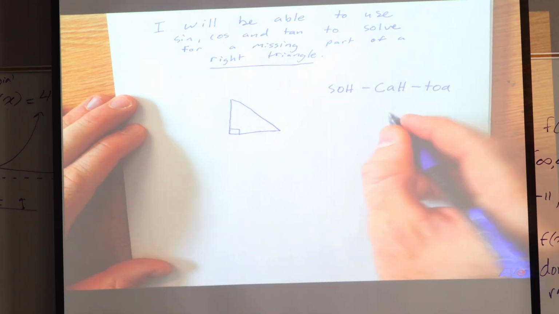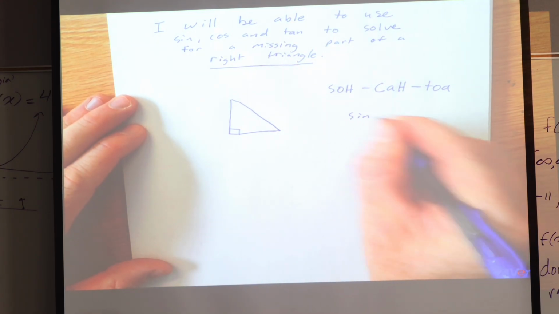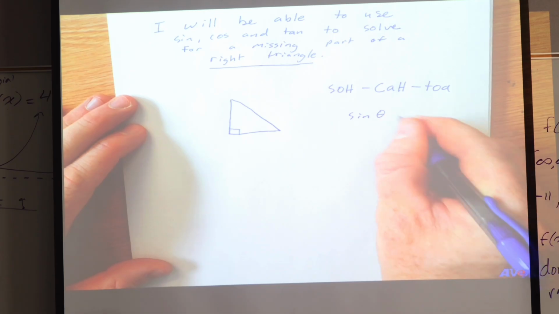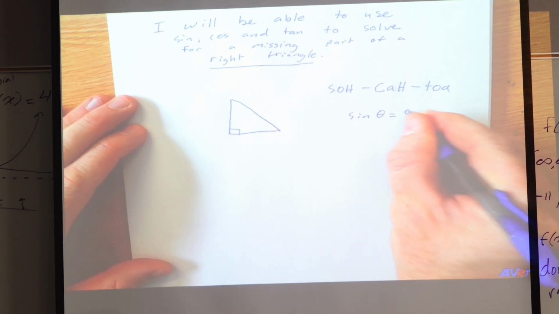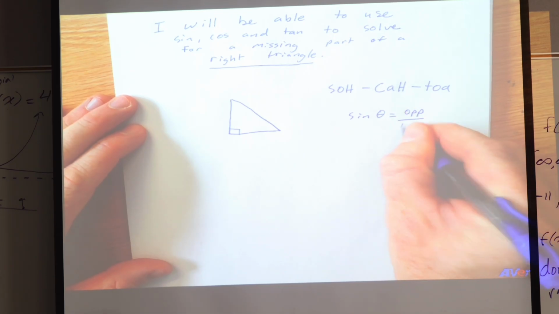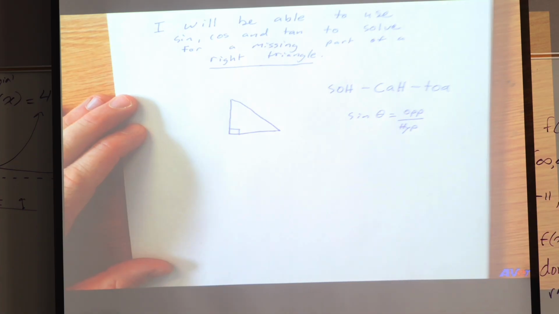Well, SOH stands for sine of theta is going to equal opposite over our hypotenuse. Again, I know those are abbreviations, but we'll talk about that a little bit more.